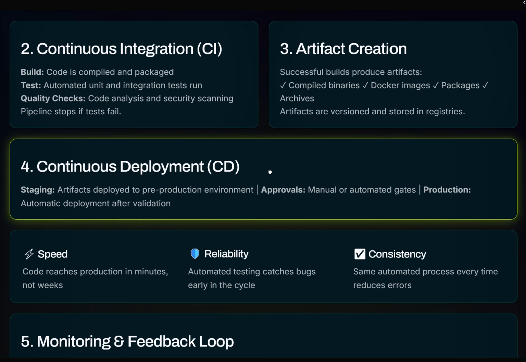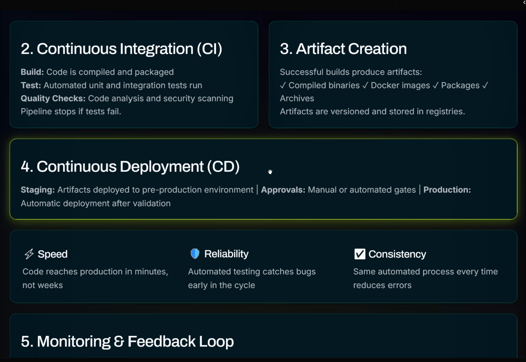Number four is staging. The created build is deployed to a pre-production environment. Once testing in this environment is done, it's waiting for approval, with automated gates.